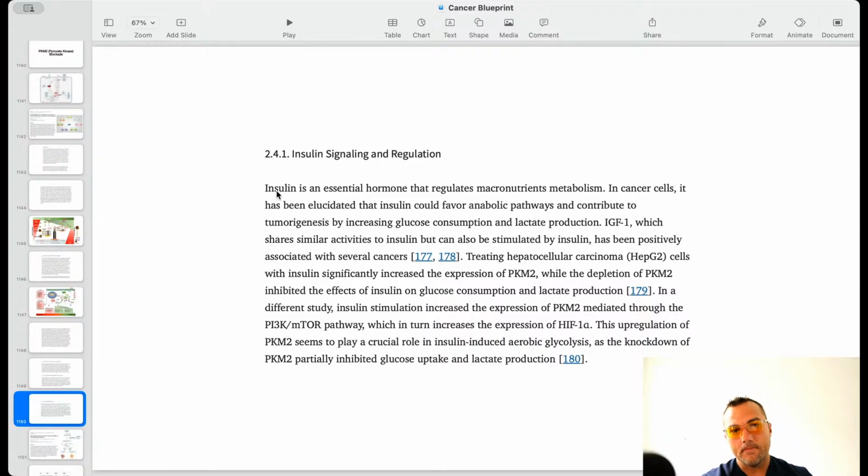So insulin is a key signaling regulator of PKM2, and then PKM2 also will work through similar pathways that insulin works through to upregulate itself. And what they showed was if they knocked out PKM2 in these cancer cells, it at least partially inhibited the glucose uptake and lactate production, because it's just one piece of the puzzle that is being downregulated.